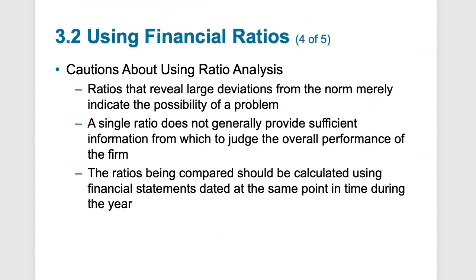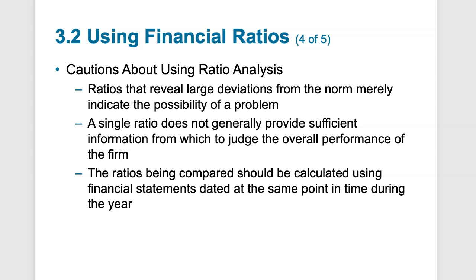Now, there are some cautions about using financial statement analysis that we have to remember. So when we see very large changes from the norm or average, this could possibly show us a problem in the company that needs investigation.